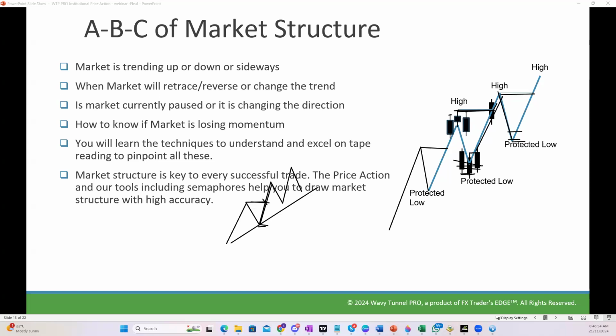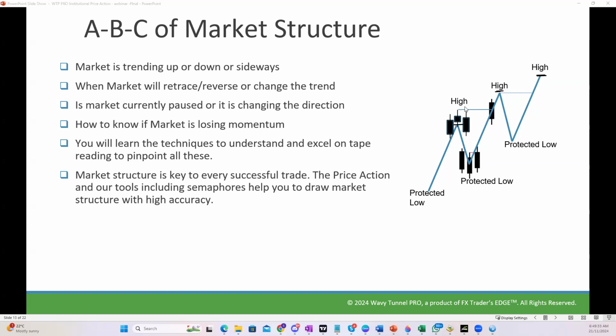The break of the structure will tell you exactly how the market is moving and which trend you should take. Another thing I use in market structure: measure the distance between this swing and this swing and this swing. If you see that the distance between swing highs is narrowing, this indicates the market is going toward exhaustion, and anytime you can expect a reversal. So always measure the distance between the swing highs and see what's happening in this area.